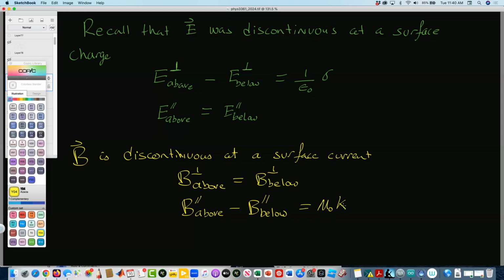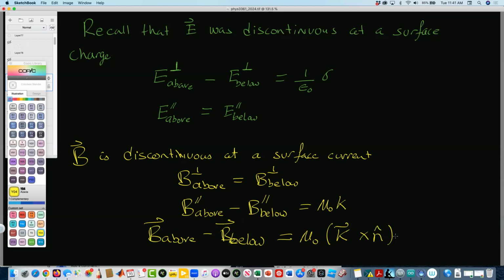Okay. And before we also wrote the discontinuity equation for E in a vector form. We can also do that here. It's not the most exciting thing, but you can. One way you can do that is you can say, okay, vector B above minus B below vector is equal to mu zero surface current vector crossed into the vector perpendicular to the surface.